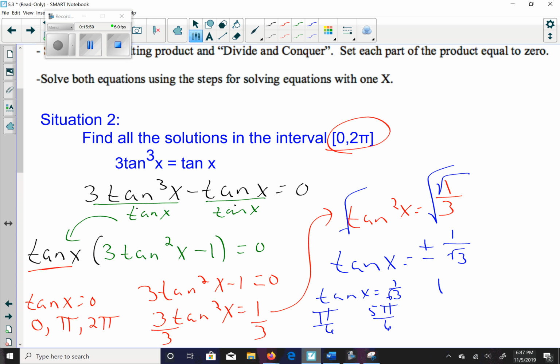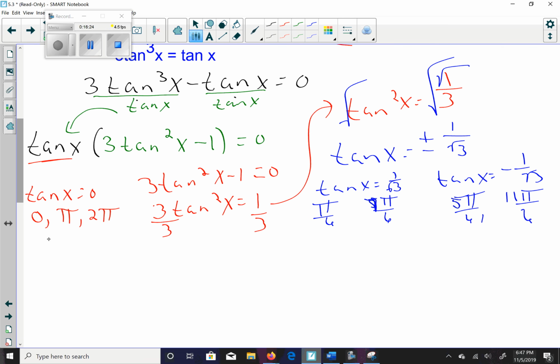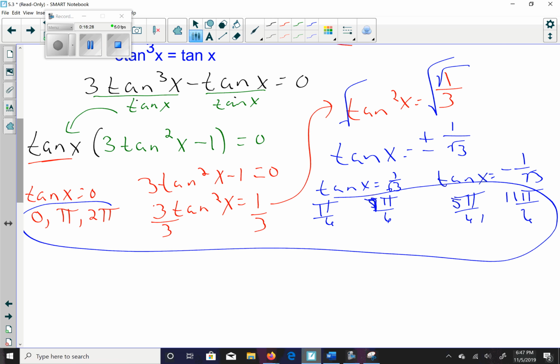And the tangent of x is equal to a negative 1 over the square root of 3 at 5 pi over 6 and 11 pi over 6. So these here and these here, those are all my solutions.